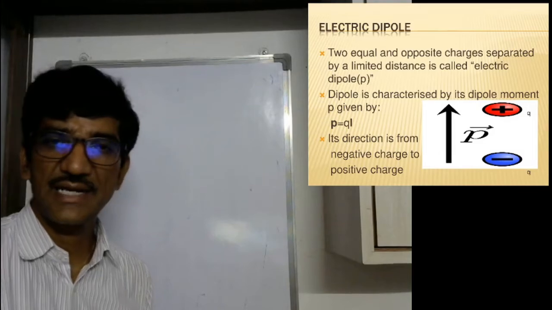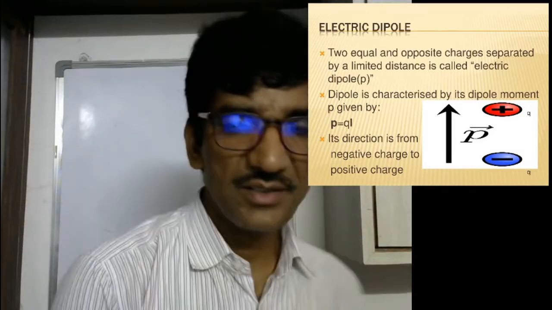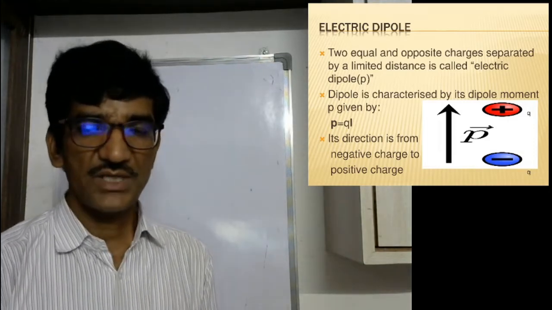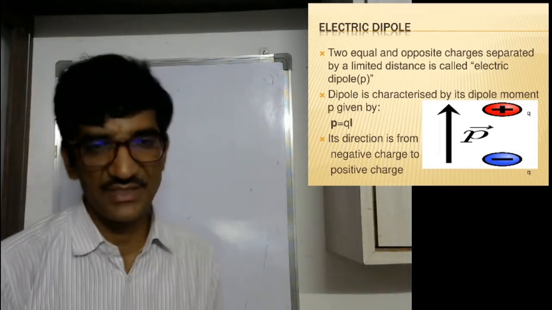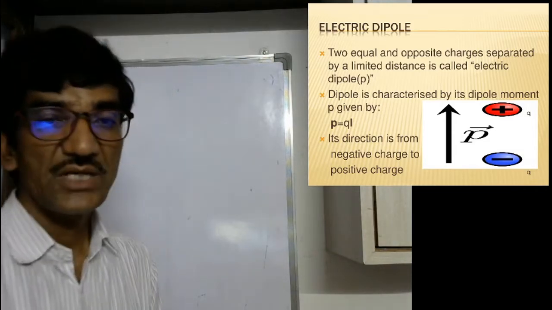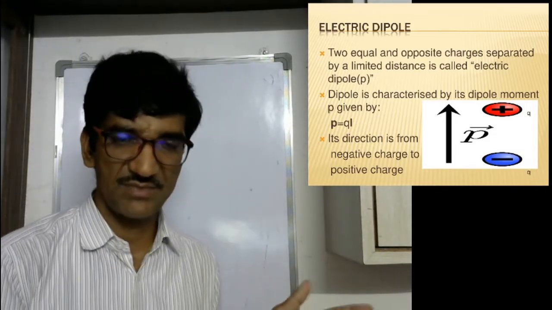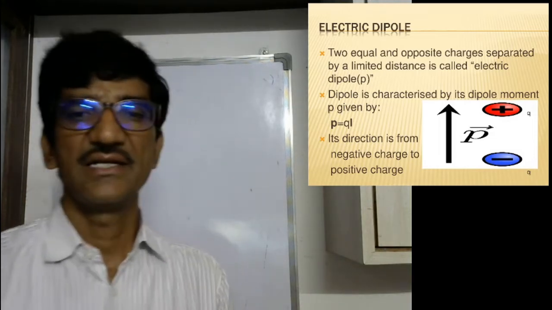Probably most of you know what an electric dipole is. Di means two, poles means polarities, different charges. Here, two equal and opposite charges are separated by a small distance. Such an arrangement is called an electric dipole.